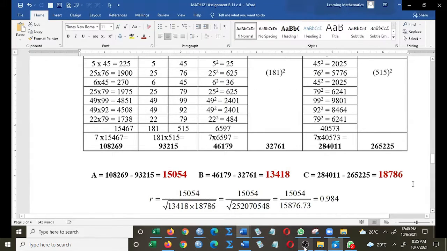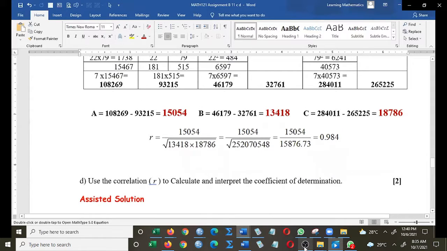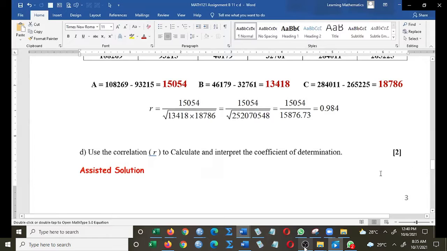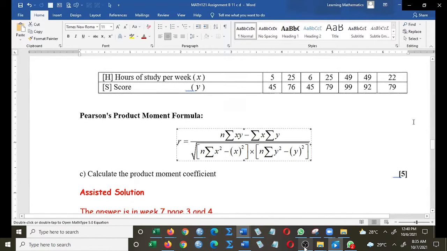So here's a demonstration of how to measure the correlation using the instrument developed by the statistician called Pearson. Now there's something called the coefficient of determination. It will help us interpret what that number means. Bear in mind, we are calculating descriptive measures, numbers to describe a set of values, a data set. Here we have a data set, and we want to describe the relationship between those two numbers using this instrument.